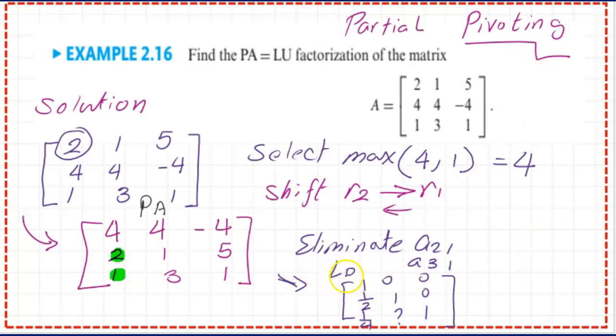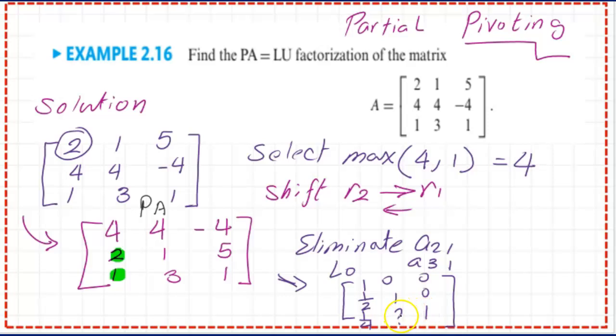We could write the lower matrix L by dividing 2 over 4. We can write 1 over 2 as L sub 2,1. We divide 1 over 4 and put it here, 1 over 4, as L sub 3,1, keeping 1 as the diagonal based on Doolittle's method.